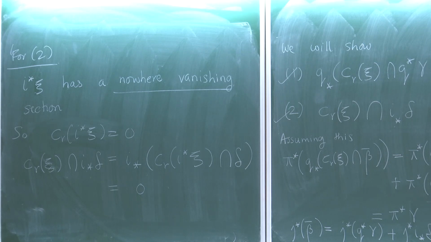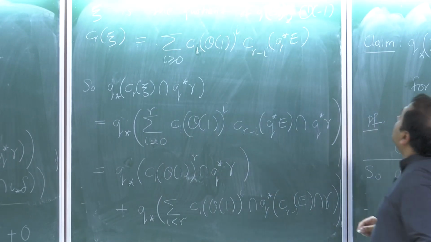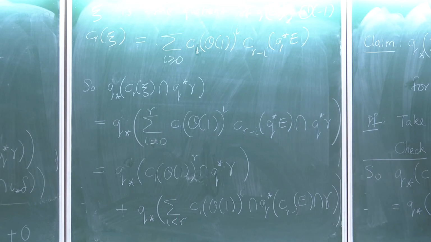Oh, yeah, you are taking Q upper star of... this was, yeah, maybe I wrote something wrong here actually. No, this should be E direct sum 1, yeah. That was a mistake.